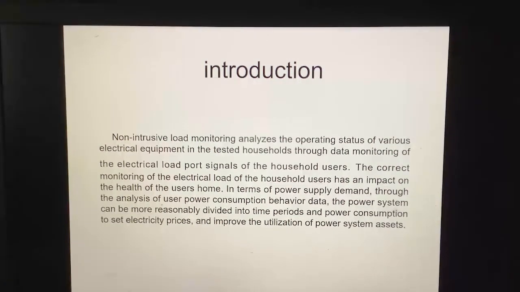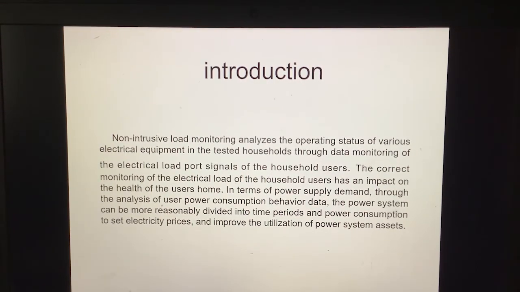The correct monitoring of the electrical load of the household users has an impact on the health of the user's home in terms of power supply demands.